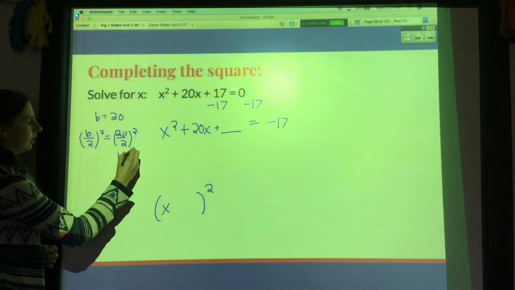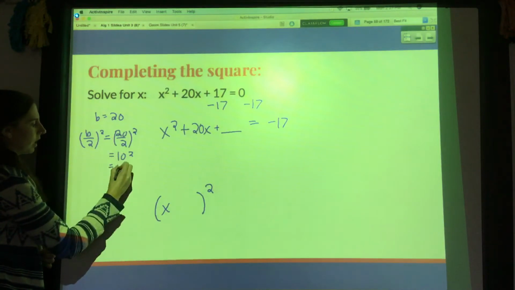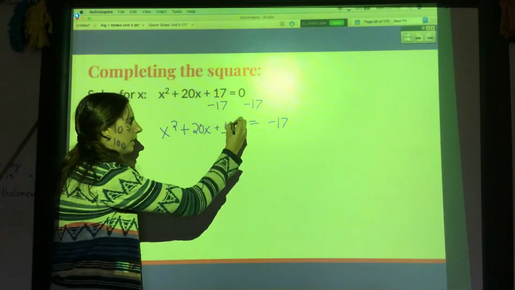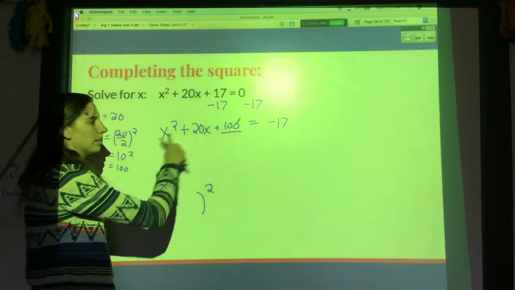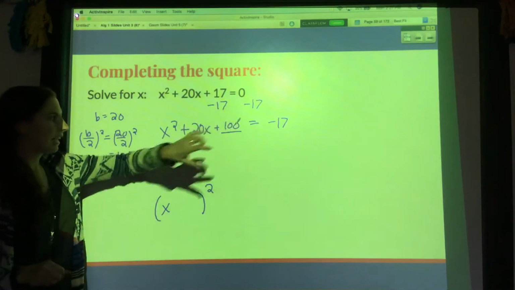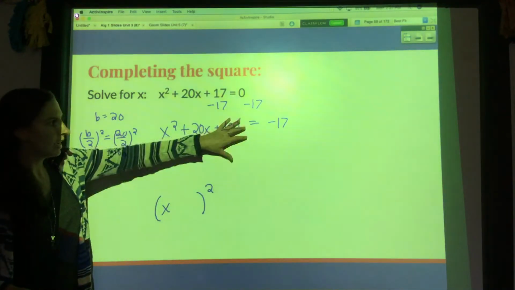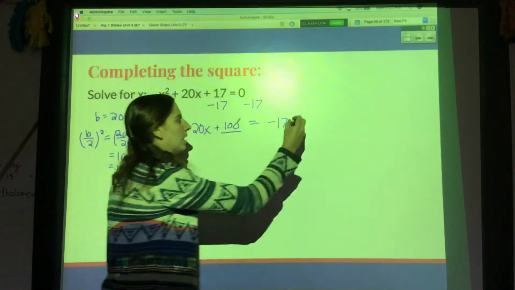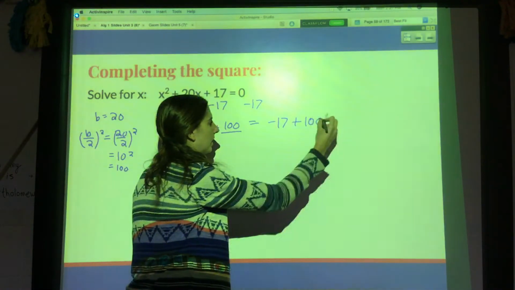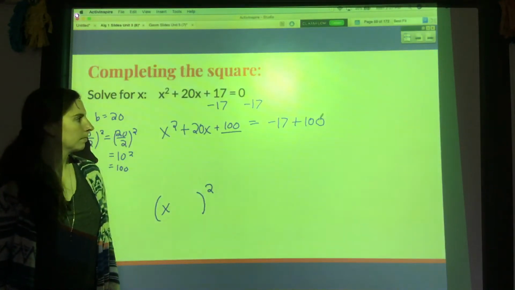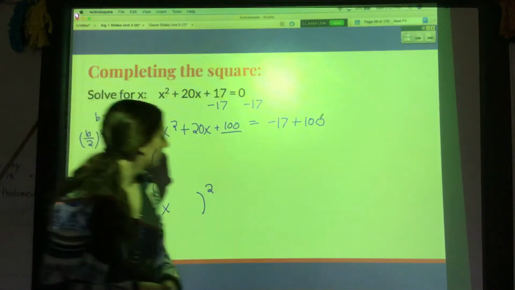So 10 squared, which is 100. I'm going to add that in right here. And now this is a perfect square trinomial. It will factor very nicely. The problem is I can't just magically add 100. That just made this side weight heavier. I need to keep it balanced by also adding 100 to this side. And now it's a legal move.